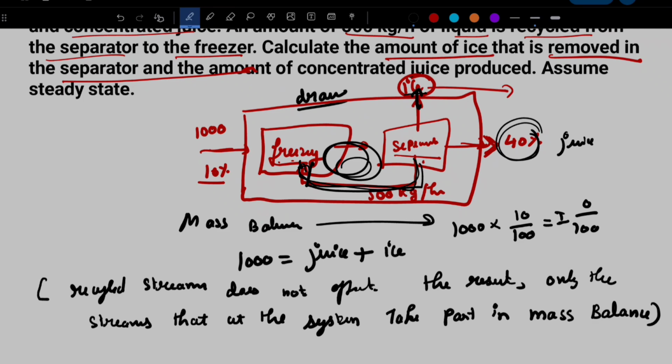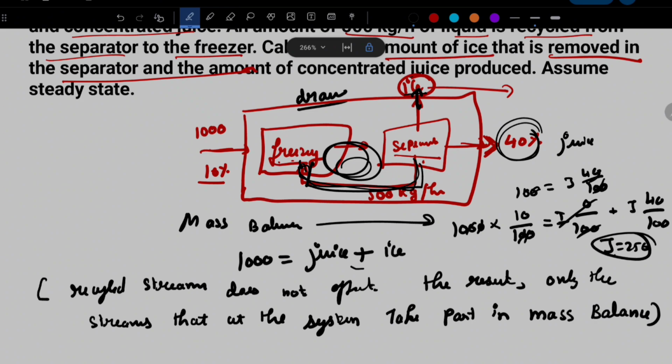Plus the juice, which is 40 divided by 100. This we will cancel out. We get 100 equal to J times 40 divided by 100. Once you solve it, you will get J equal to 250.